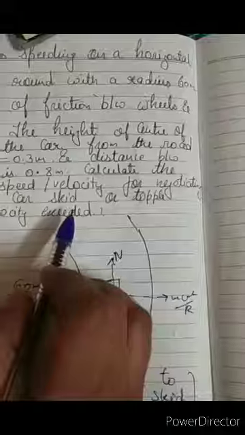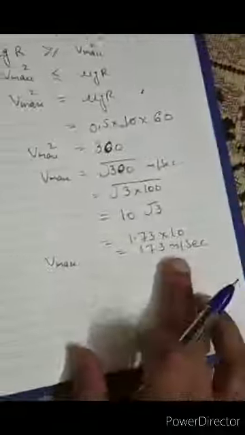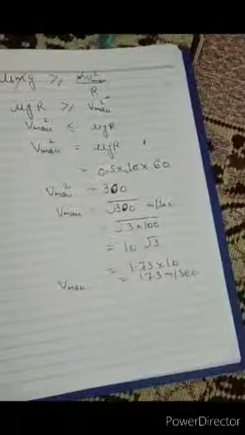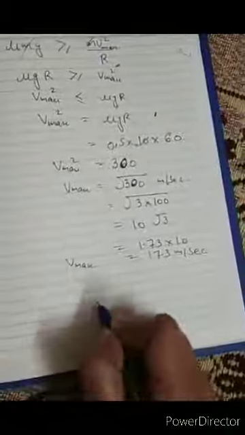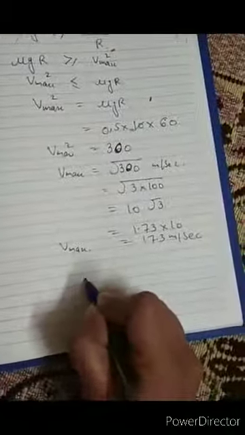Now in the question they have asked, will it topple if this velocity is exceeded? If this velocity exceeds, what is the value of the toppling velocity? How much velocity should be there so that the car will topple? So let's discuss this case also. So look here, I'll just draw a car right now.